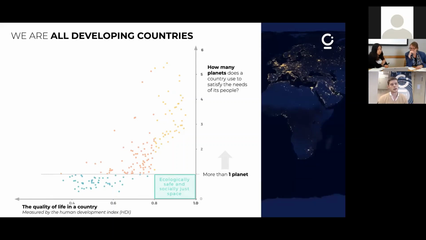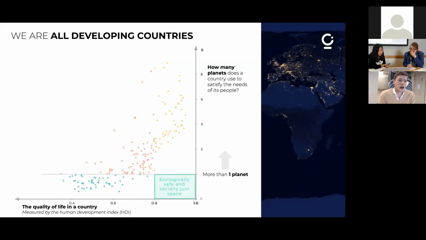And so we looked at the goal behind all of this, which is to be in an ecologically safe and socially just space, as you were also already referring to, Jane. And we measure this by the number of planets that a country uses in terms of the biocapacity it uses up, and at the same time in terms of the quality of life, which we measure with the Human Development Index.